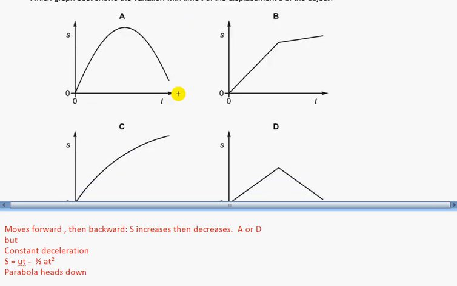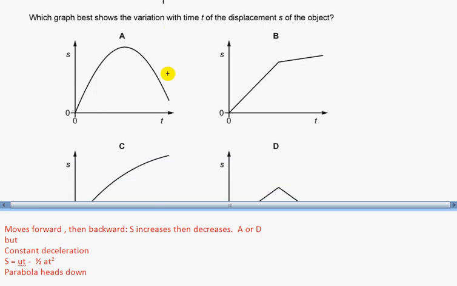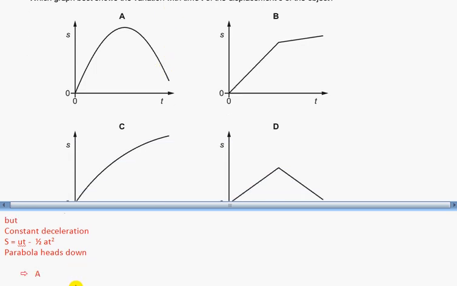Let's check. So we have increase and decrease in A and D, but here we have constant acceleration. For constant acceleration we have the following formula, and this formula is a parabola that opens down, so we should choose A. So we choose A.